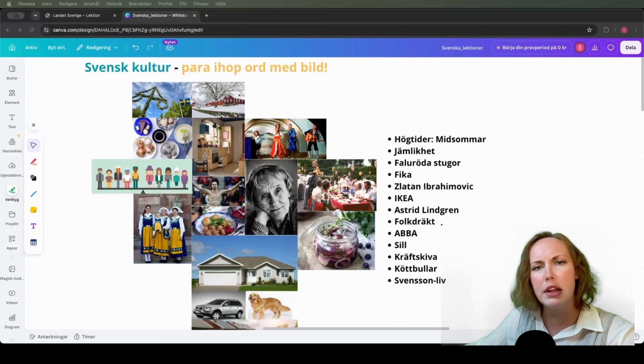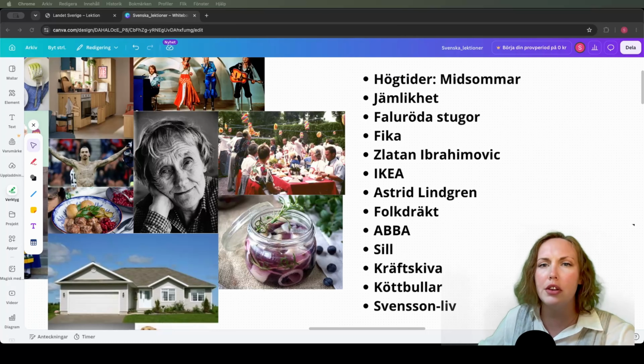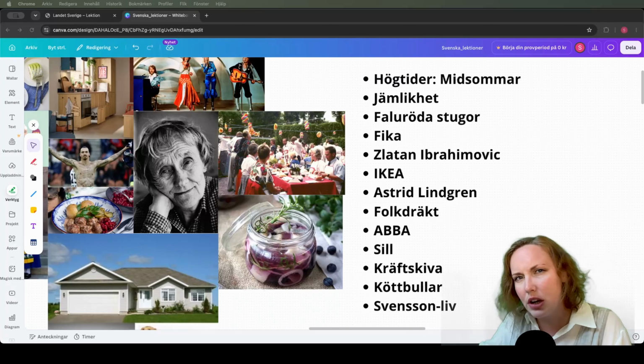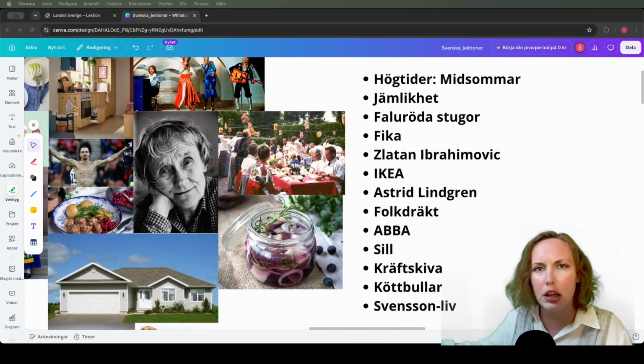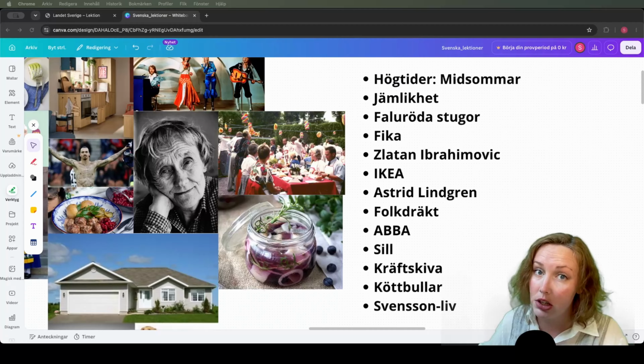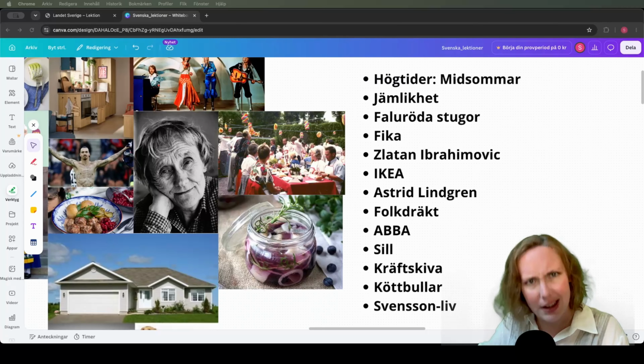So now let's look at these words, shall we? The first one on the top there reads högtider, midsommar, or midsommar, we can say fast also. What högtider literally means is hög is high and tider is times. So high times.